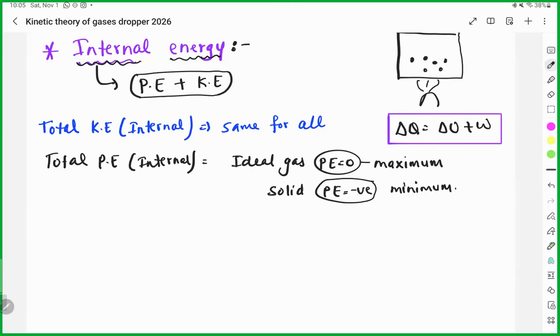In case of Earth, Chandana, what is the maximum potential energy? Sir, can you repeat the question? My question is, in case of Earth, if you consider potential energy in the gravitational force, what is the maximum kinetic energy?